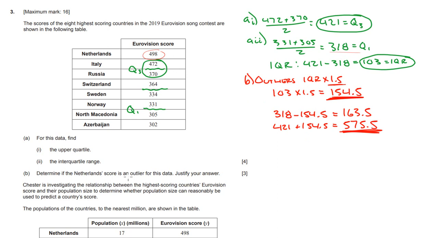It asks, determine if Netherlands scores an outlier, justify your answer. So we can't simply just say no. We have to say why. So I would maybe say since 498 is less than 575.5, it is not an outlier.